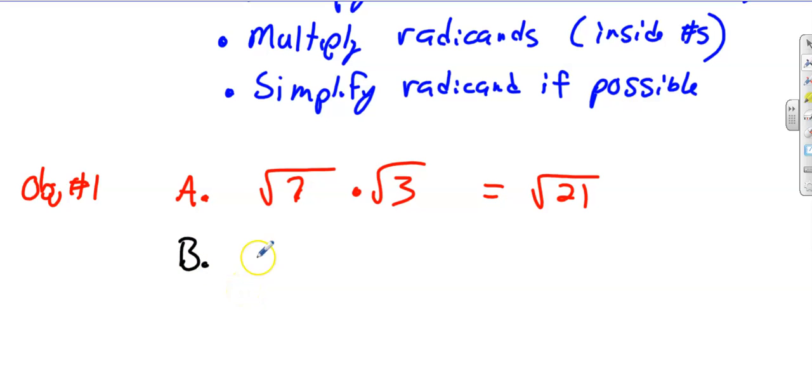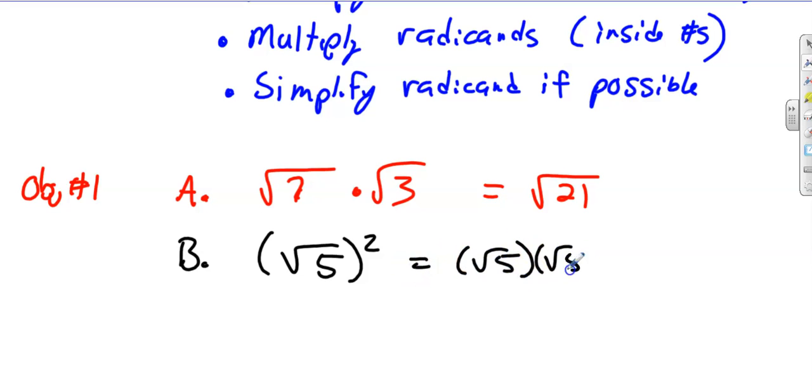The only other thing that they would do is if you get the square root of 5 squared, if that is the square root of 5 times the square root of 5, but 5 times 5 is 25, and the square root of 25 is 5.